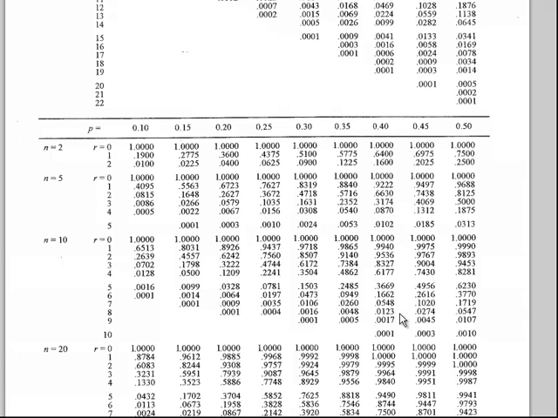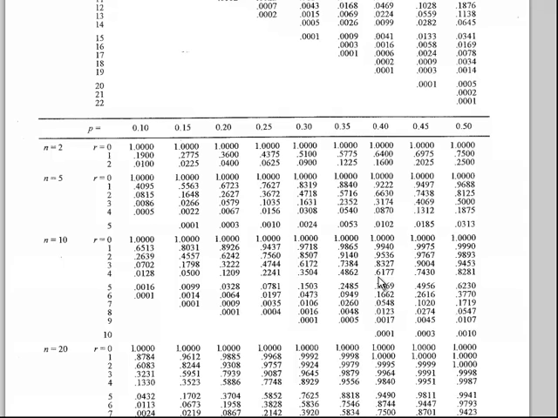So this little chunk of the statistical tables is what we're going to use. Now what we're looking at here is, for example, r is equal to 2. That means the probability of 2 or more employees out of the 10 in favor of unionization is 0.9536. But what we're asked for is 4 or more.